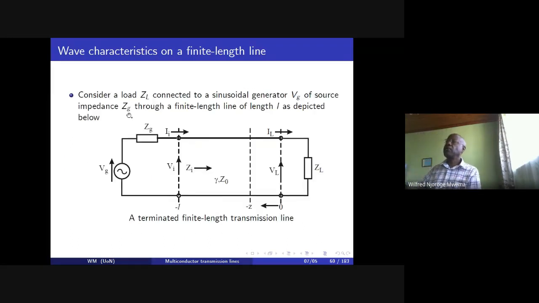So we consider a load ZL that is connected to a sinusoidal generator VG. That is, the VG has a harmonic time dependence with a source impedance ZG, which could be real or complex, through a finite length of line of length L, as shown in that diagram. Now, the length of the line is measured from the reference plane at the incident port to the receiving port there, port 2, the output port of that line.